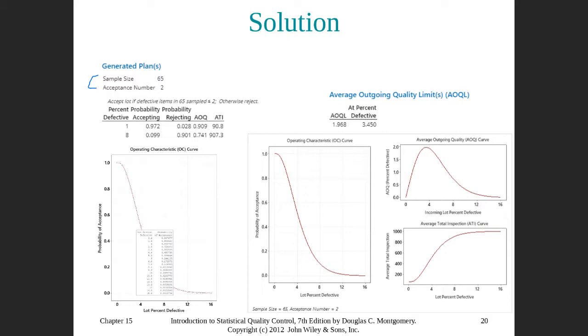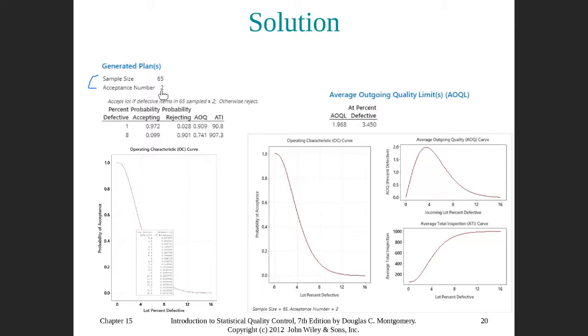And if you find more than 2 defectives, because we are dealing with the RQL, that means you should reject the entire lot.